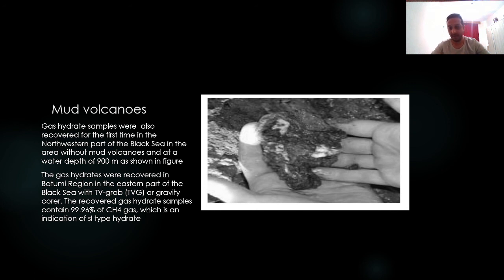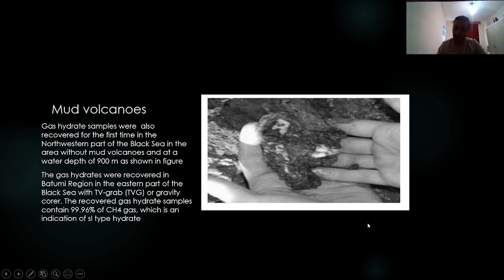As you see here, this is a mud volcano. It gave us a clue that there is gas hydrate in that area.